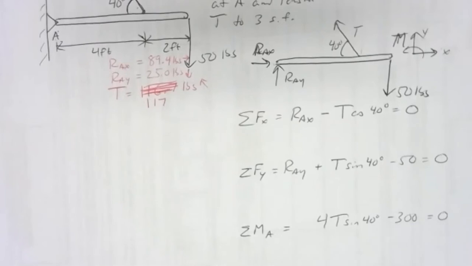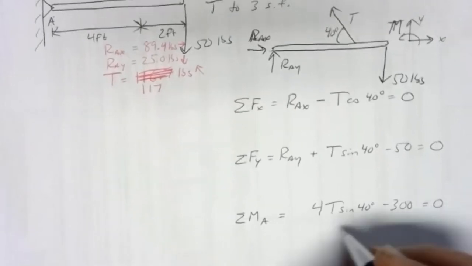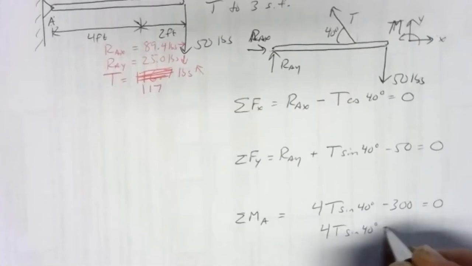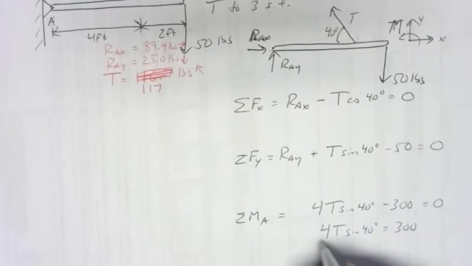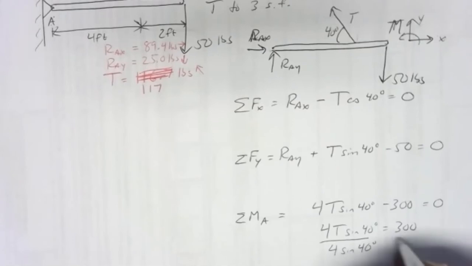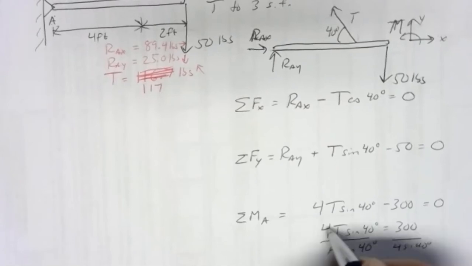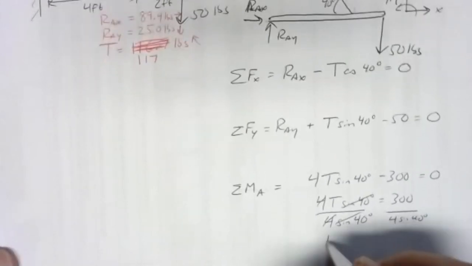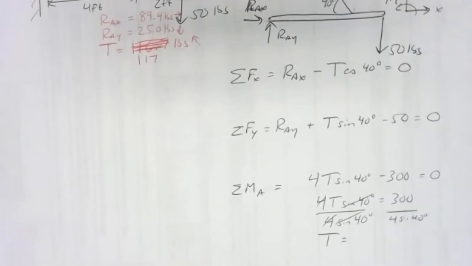So when we solve the moment equation, we'll add 300 to both sides. We have 4T sine 40 equals 300. And we want to divide out everything that isn't T, so we divide both sides by 4 sine 40. That'll cancel out the 4 and the sine 40 and leave just T. On the right, I'd have 300 divided by 4 sine 40.